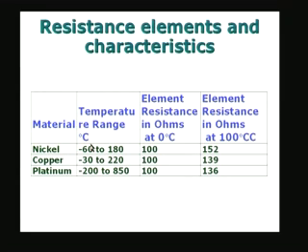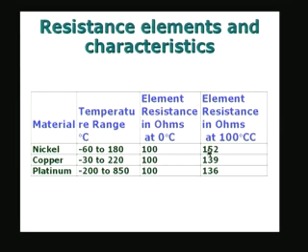Nickel, the temperature range in which it can be used is -60 to 180 degrees Celsius, and the characteristic is given by specifying the resistance of the element at 0 degrees Celsius and 100 degrees Celsius. So, nickel can be used between -60 and 180, the value is 100 at 0 degrees Celsius, then the value at 100 degrees Celsius is 152.